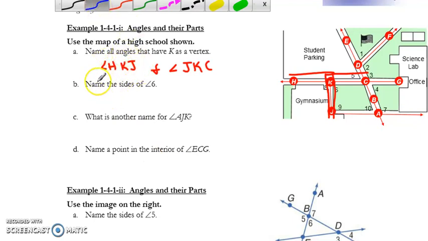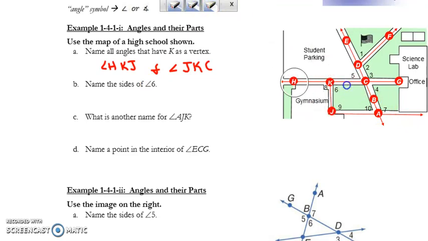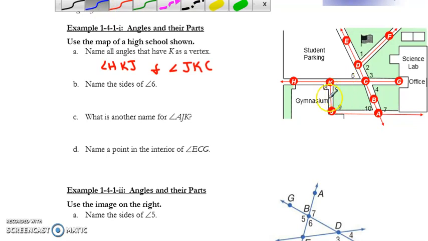What is the name of the sides of angle 6? So here is angle 6 right here. What are the sides? So here's one side and here's one side, and those are rays. So we have ray JK, and we have ray KC.